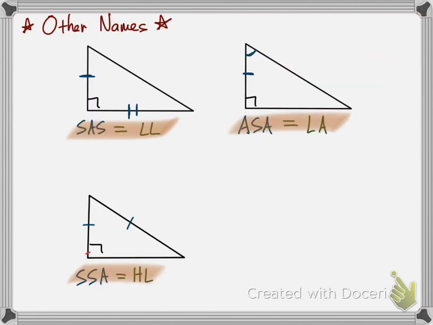Now there may be some other names that we come across, and these are particular to right triangles. With right triangles, the sides can be called legs, and the long side of a right triangle is called the hypotenuse.